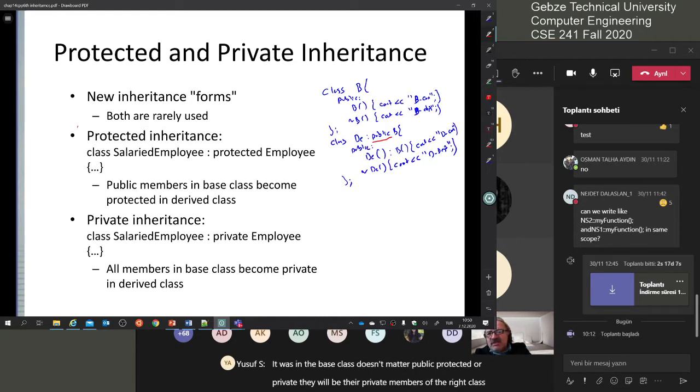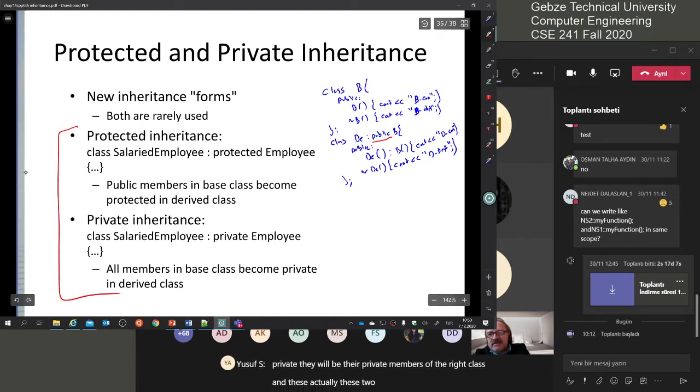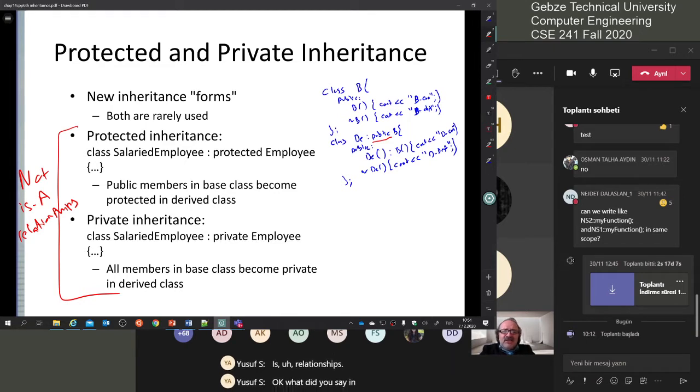And these two are not is-a relationships. Okay, what did we say? Inheritance is an is-a relationship. Well, if these are not is-a relationships, if they are not inheritance, then we are not interested in them.